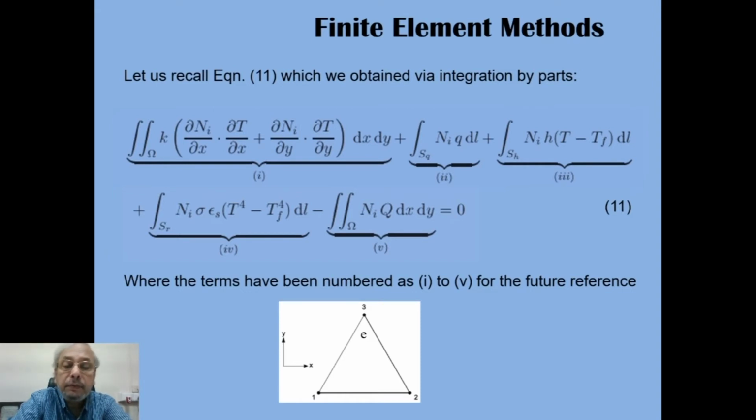And equation 11, these terms which are identified as 1, 2, 3, 4 and 5, we will remember for our future reference, because we have to evaluate all these integrals individually.